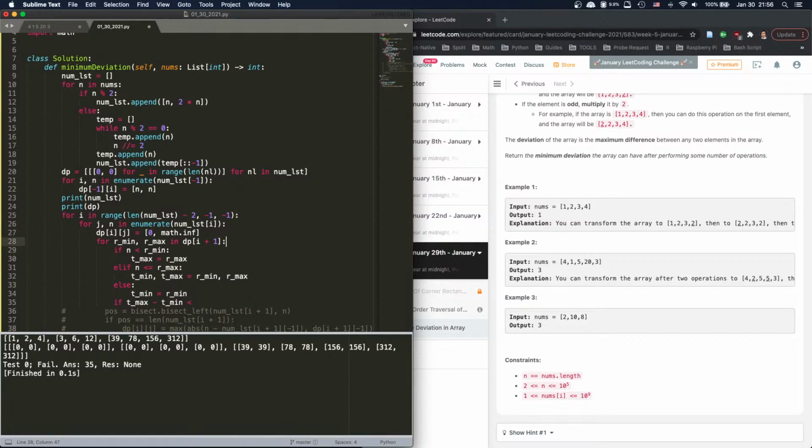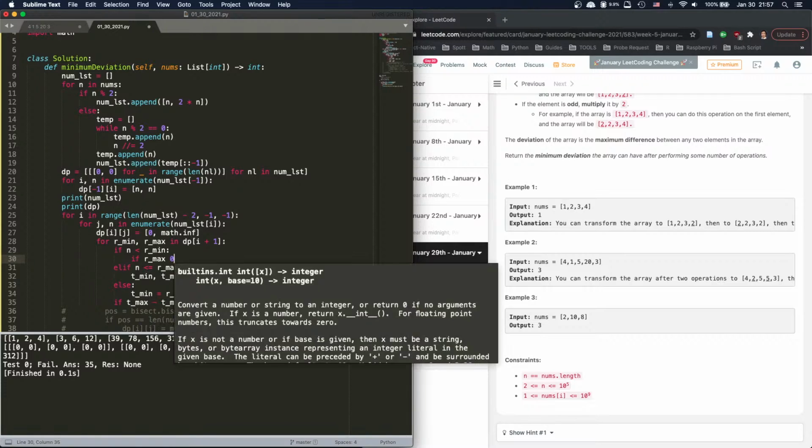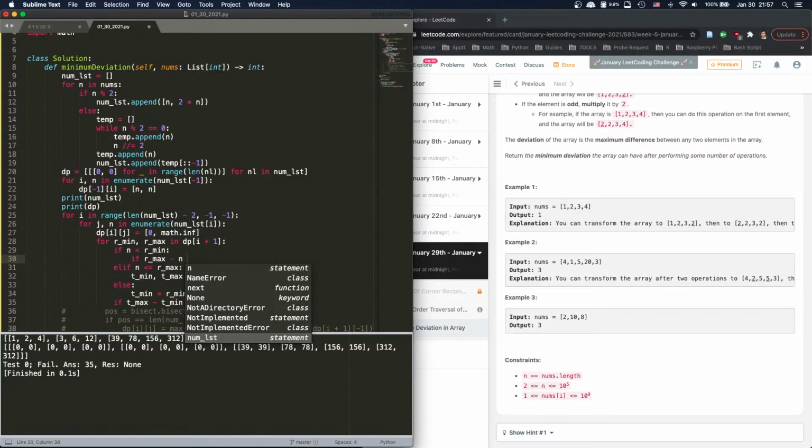And then if my current value is smaller than r max, and I want to say if r max minus n is, hold on.